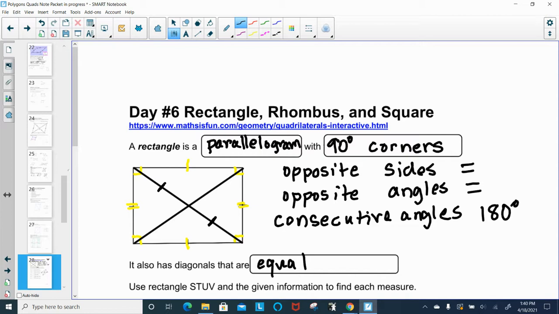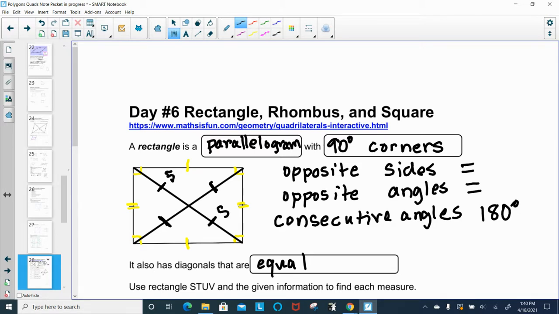However, this is the interesting part. If the diagonals are the same length, then all these halves are the same length. Because when I divide one, let's say the one diagonal was 10, if I were to divide that in half, this would be 5 and 5.